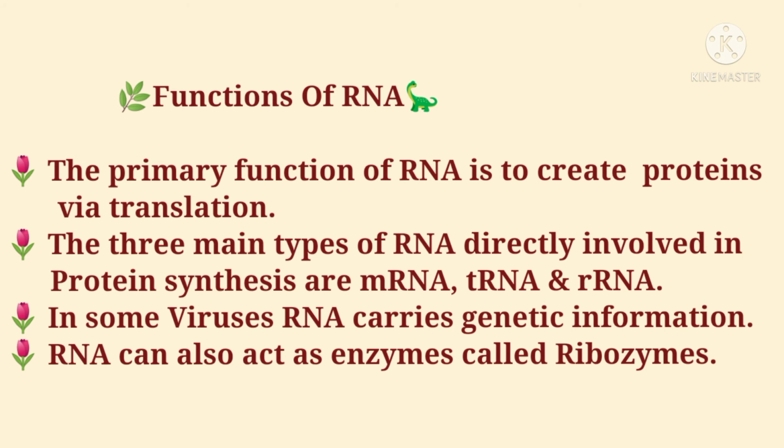The three main types of RNA directly involved in protein synthesis are messenger RNA, transfer RNA, and ribosomal RNA. In some viruses, RNA carries genetic information. RNA can also act as enzymes called ribozymes.